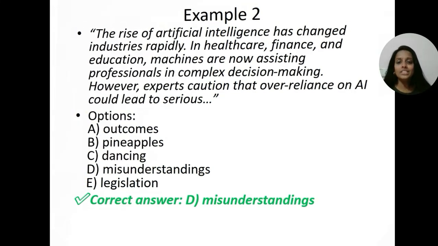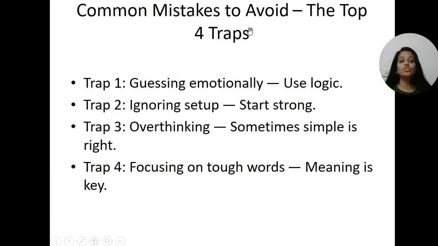Okay, so let's see what are some of the common mistakes to avoid. The first trap is guessing emotionally. Don't guess emotionally. Try to use logic. You can test your instincts, but always verify with logic. The next trap is ignoring the setup. If you drift off during the first 40 seconds of the audio, the endings will make no sense.